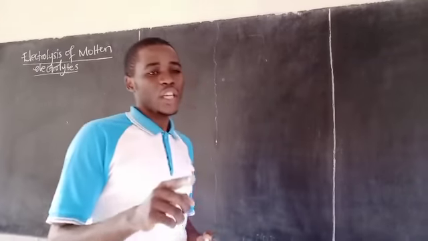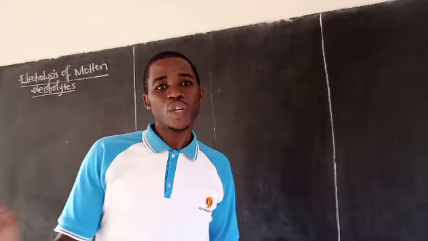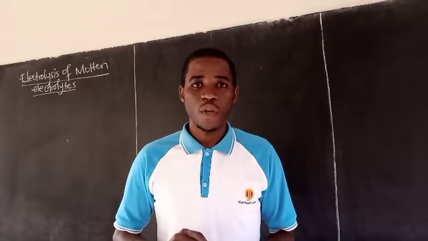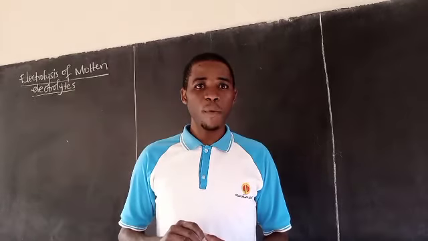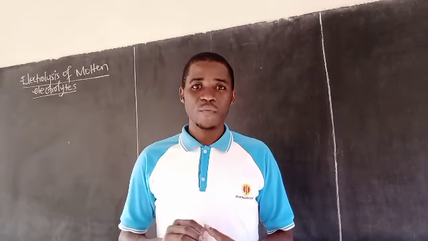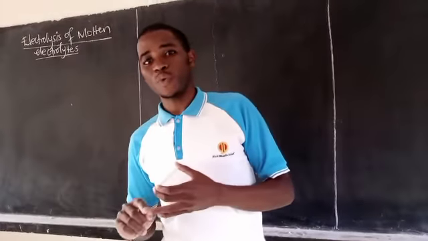Today, we are going to start from our previous lessons, and we now move to more specific objectives. By the end of today, you should be able to appreciate that electrolysis occurs in electrolytes, which are either in molten form or in solution form.